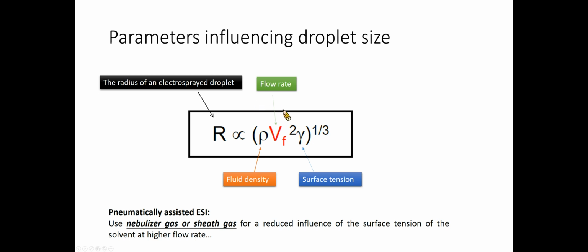Larger droplet sizes lead to lower ionization efficiency because the droplets are not so close in size to the Rayleigh limit. To achieve higher ionization efficiency, a nebulizer gas or sheath gas is usually applied to reduce the surface tension of the solvent at higher flow rate.